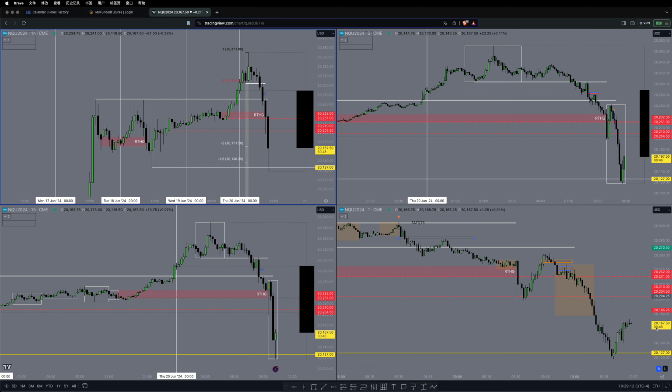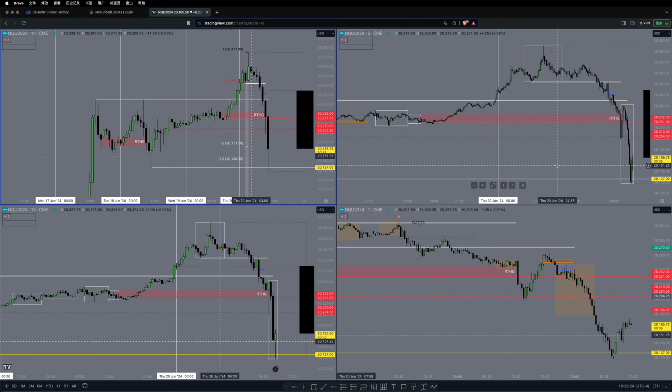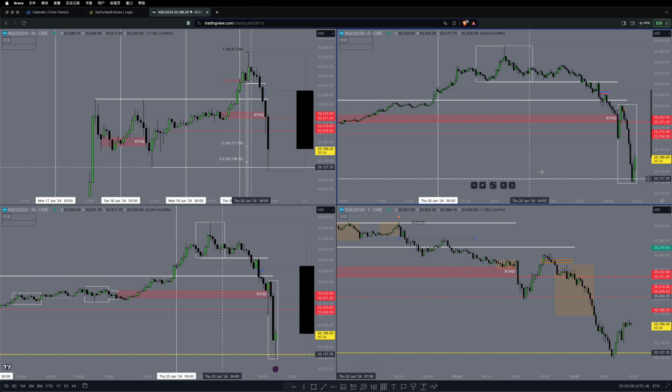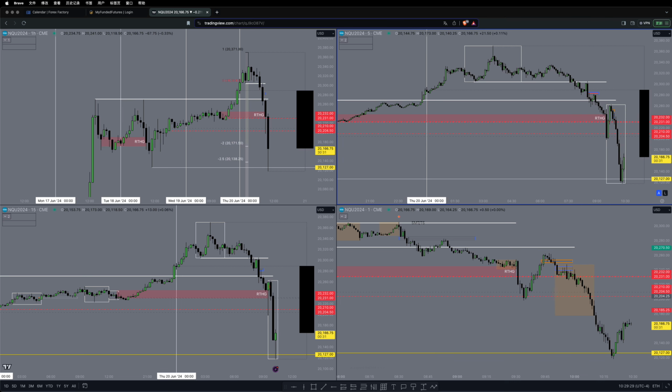I would say there's two types of markets. One is, if you look at the 5 minute, it's clearly a buy or sell program, and the market just runs very strongly towards one direction, and there's no clear liquidity or accumulation or retrace.